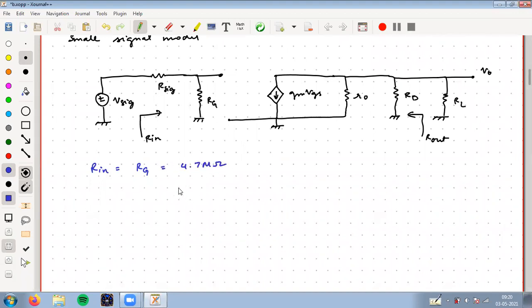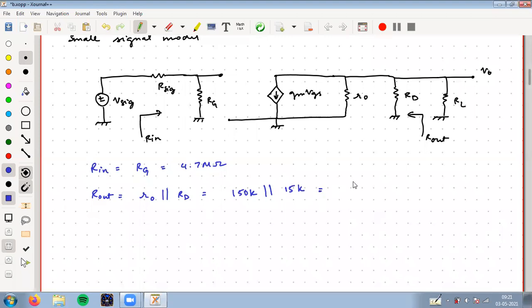So one problem done. Now, if I look at Rout, Rout is the resistance seen from the drain side, excluding the load resistance. So Rout will be R0 parallel RD, so 150 kilo parallel 15 kilo.